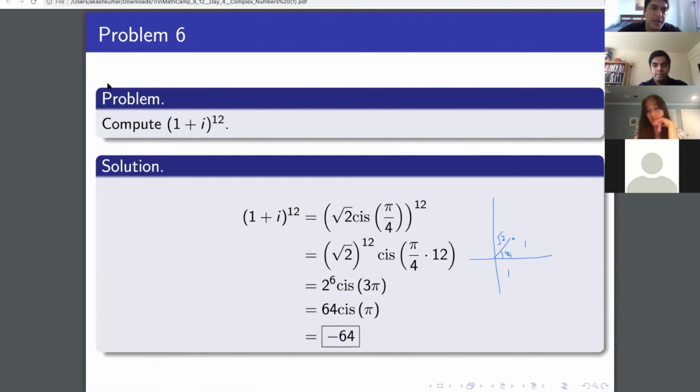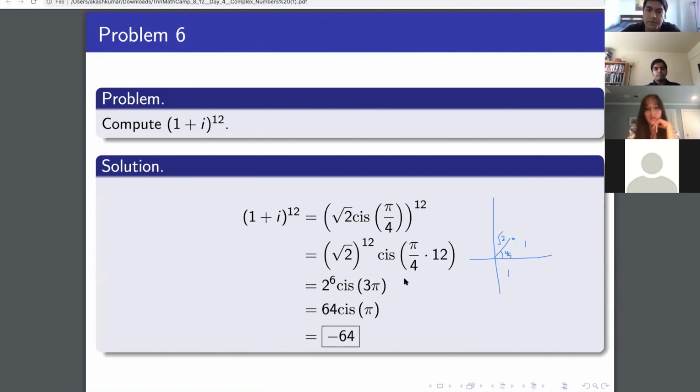Then if we use the fact that the magnitudes multiply, we get root 2 to the 12th power, because it's root 2 times root 2, 12 times. And the angle adds, so if you add pi over 4 12 times, it's just pi over 4 times 12. Then we simplify these things a little bit. Root 2 to the 12th is 2 to the 6th, which is 64.